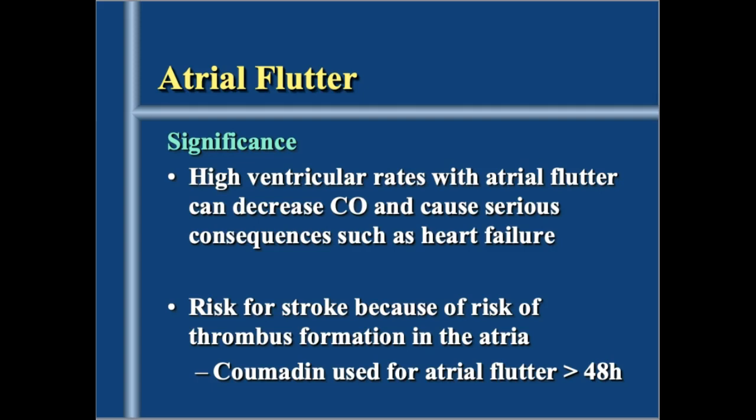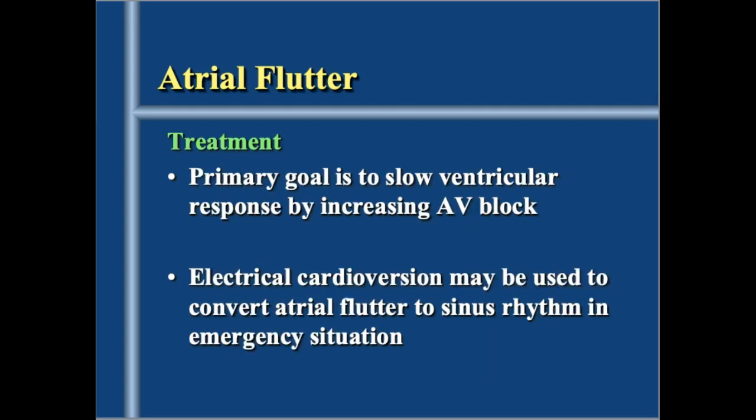Basically, blood is sitting in there just like it is with AFib, and you can develop clots. So with any kind of atrial flutter that's been going on for more than 48 hours, you'll start Coumadin or some kind of anticoagulant. So we're actually not all that worried about the atrial flutter. We're more worried about the ventricular response.